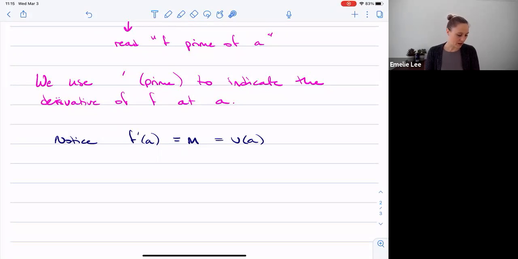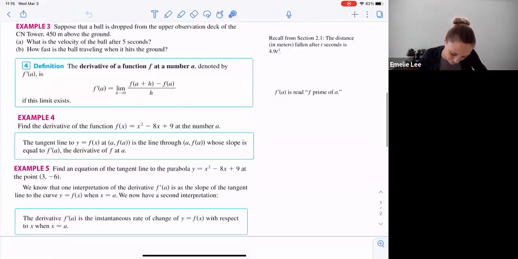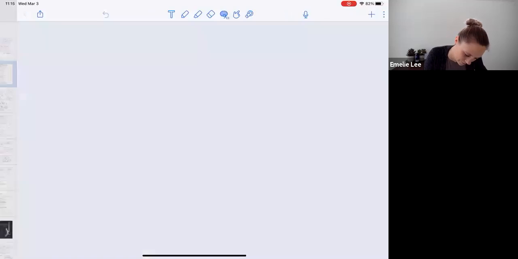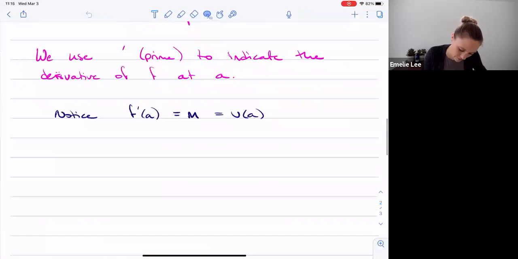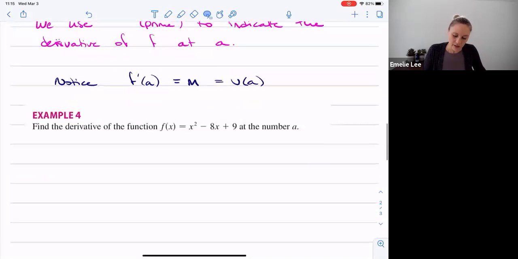So let's do an example where we use this limit definition to find the derivative. So example 4. Now I want to find the derivative of this function f of x equals x squared minus 8x plus 9 at the number a.